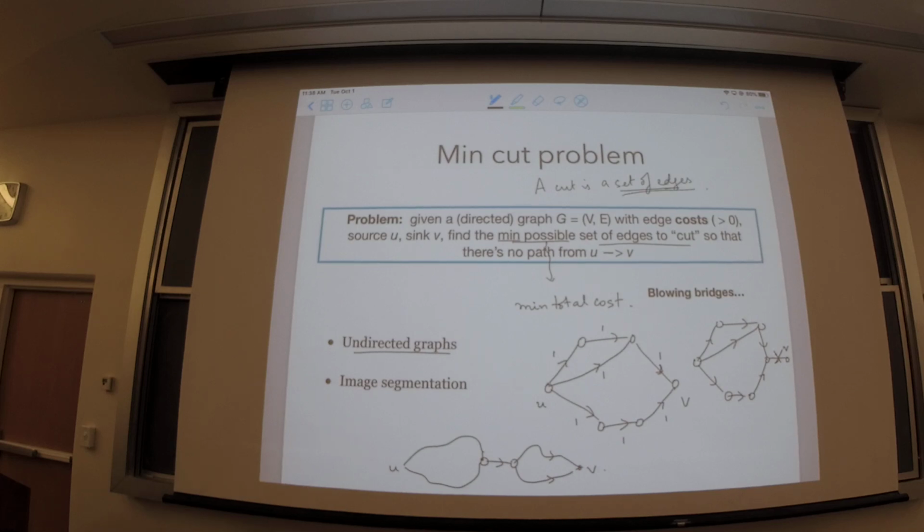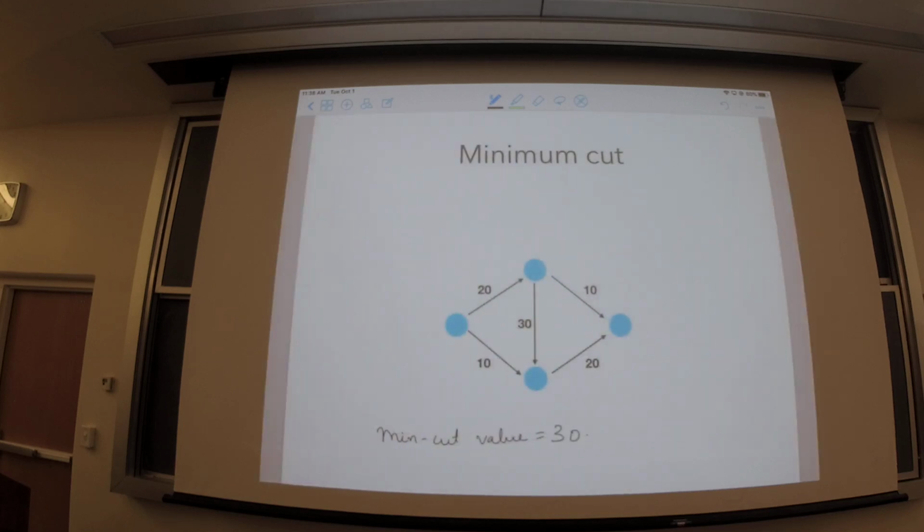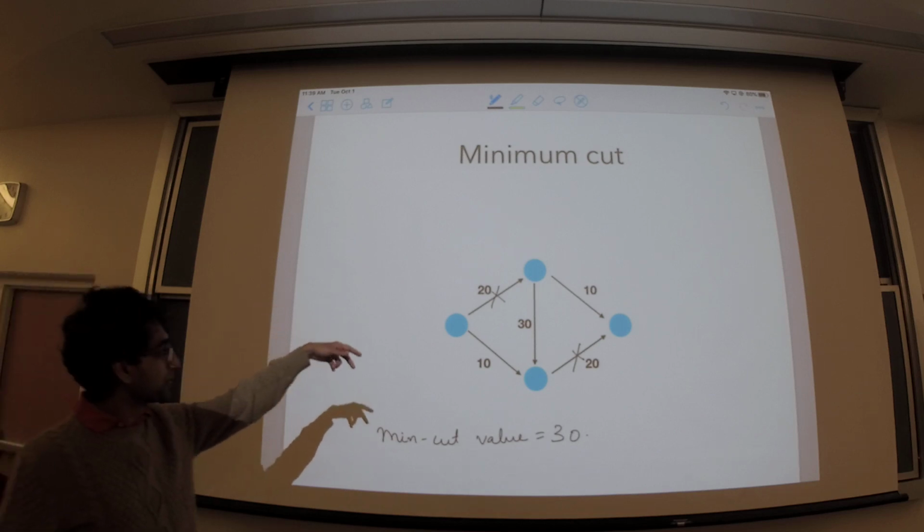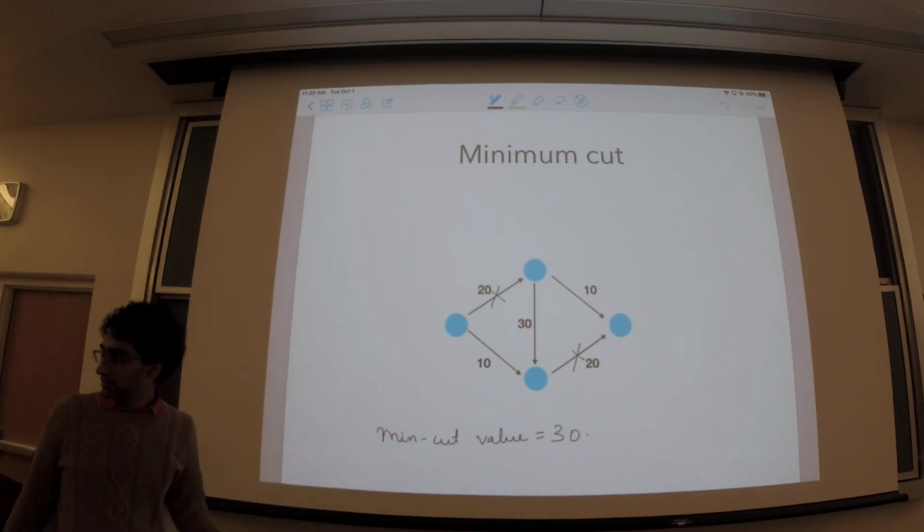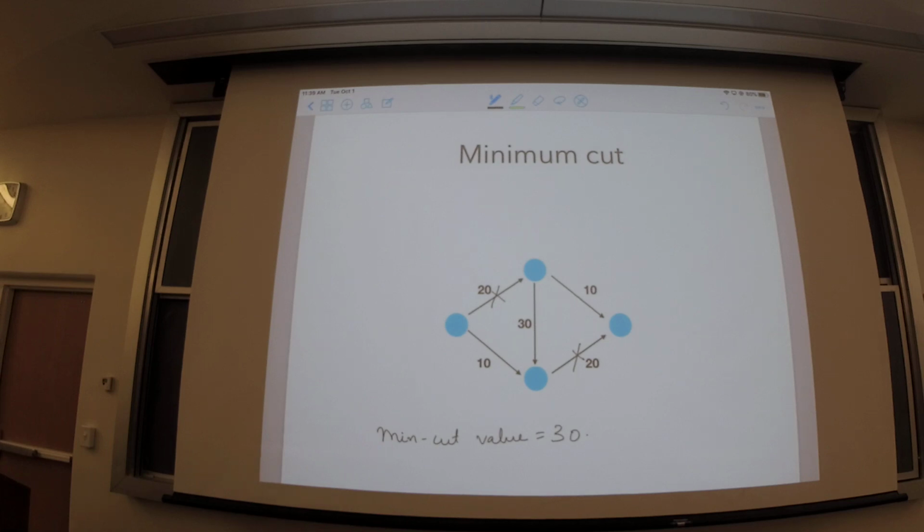They need not correspond to a single vertex or anything like that. In this example, this is also a cut. It's not the minimum cut because there was a slightly better one, but this is still a valid cut.